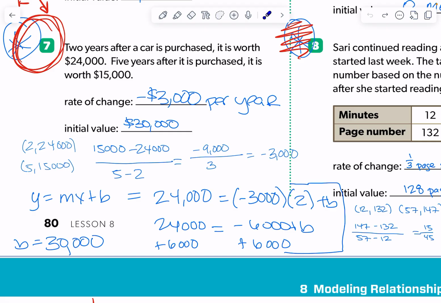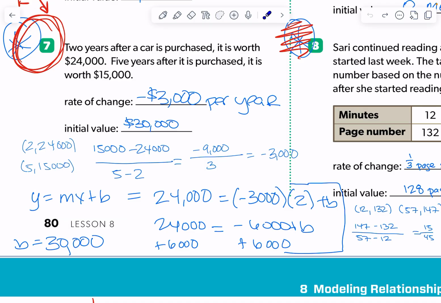So again, rate of change is our m value. So instead, we're going to use the formula y equals mx plus b. And instead of m, we are going to use negative 3,000. So we're going to use y equals negative 3,000x plus b, right?